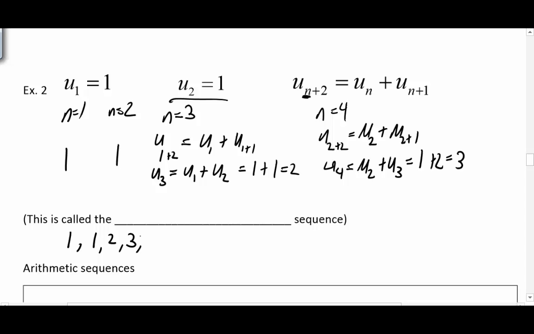What would the next number be? 2 plus 3 is 5. 3 plus 5 is 8. And then 13. We can keep going on. Hopefully you see the point behind that. This particular sequence is named after a famous Italian mathematician, the one that came up with it. It's called the Fibonacci sequence.